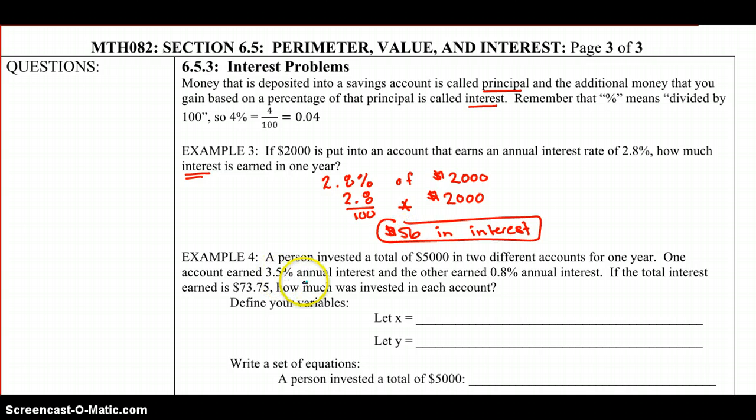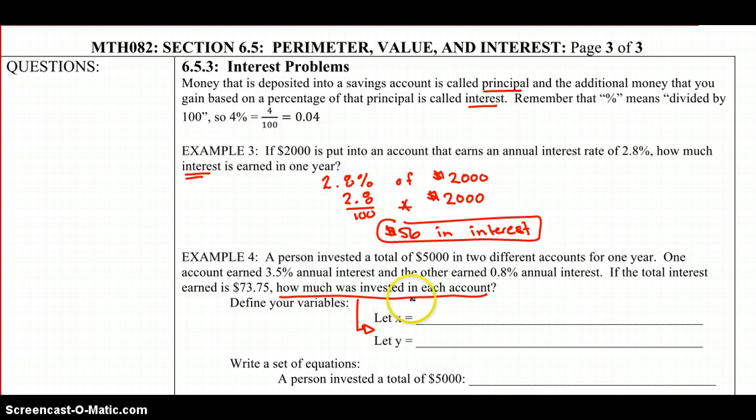A person invested a total of $5,000 into 2 different accounts for 1 year. One account earned 3.5% and the other earned 0.8% annual interest. The total interest earned was $73.75, and we want to know how much was invested into each account.